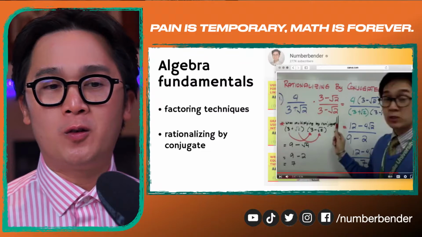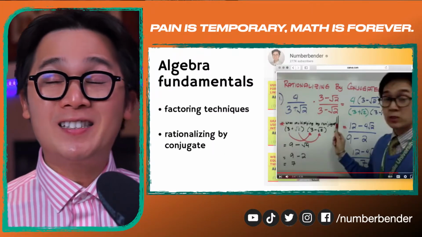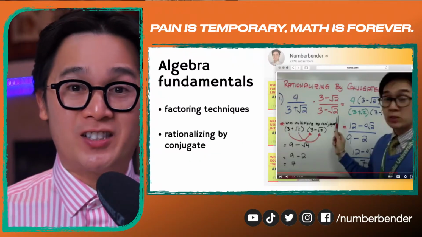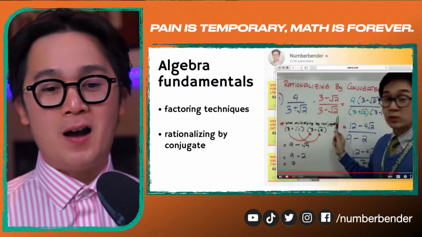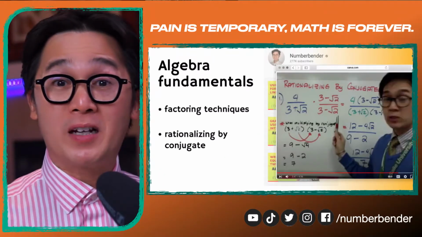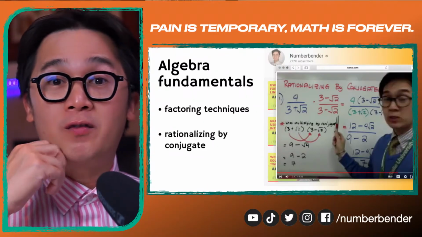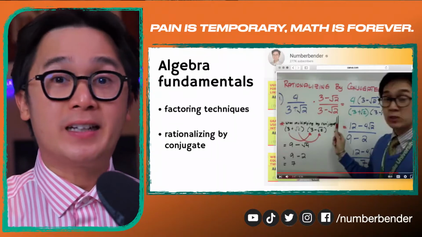And also, I forgot to add it in the list, simplifying complex fractions. So those are the three skills that I usually prepare my students with before they work on problems involving limit of a function that needs to be solved algebraically or analytically.